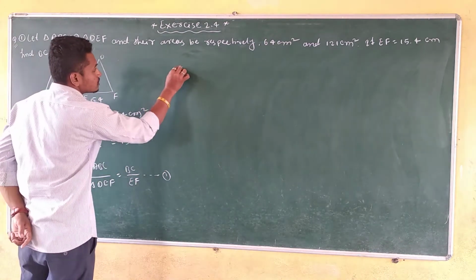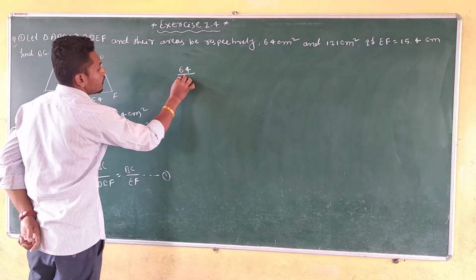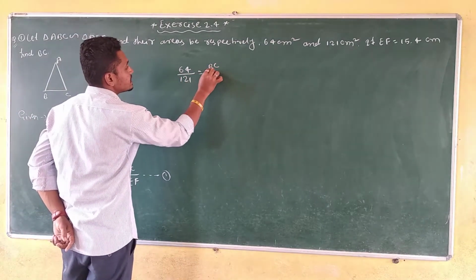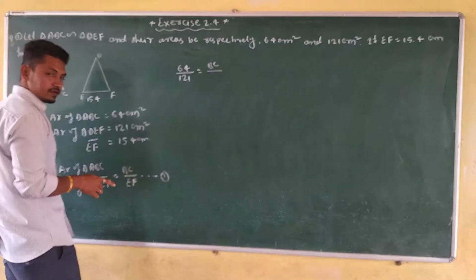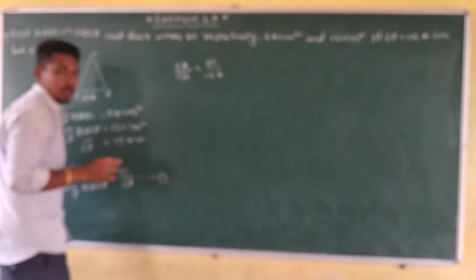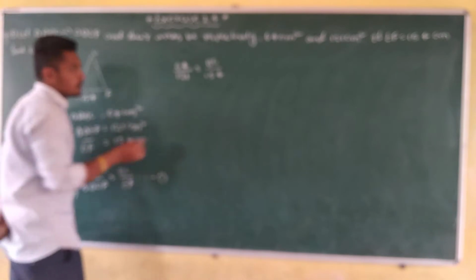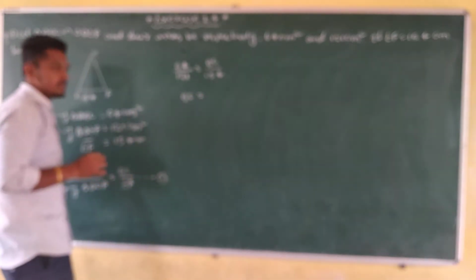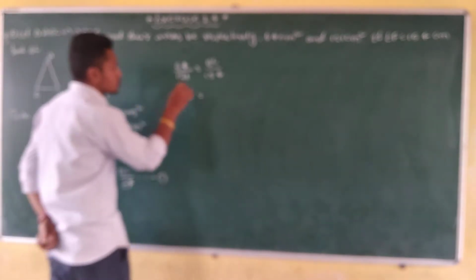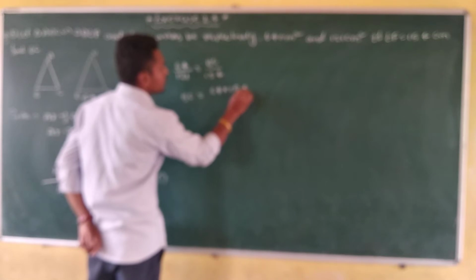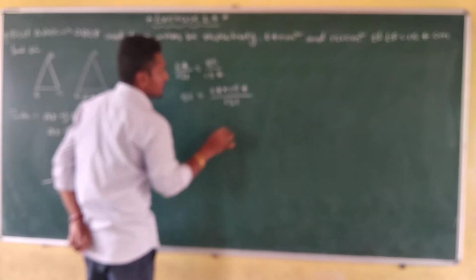So put this value in equation number 1. See here, 64 divided by 121 is equal to BC divided by EF, and the value of EF here is 15.4. Now we have to solve for BC. So BC is equal to 64 into 15.4 divided by 121.